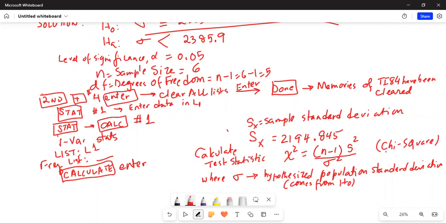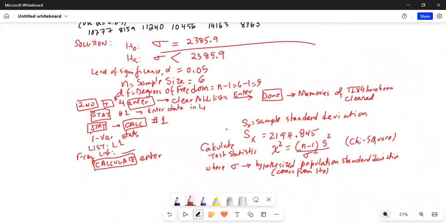Okay. So our sigma, the hypothesized population standard deviation, is 2385.9.